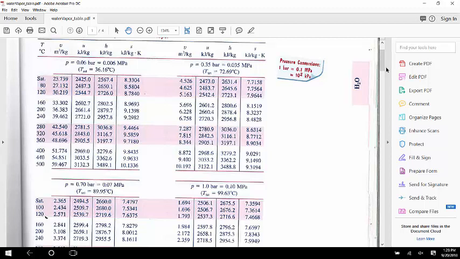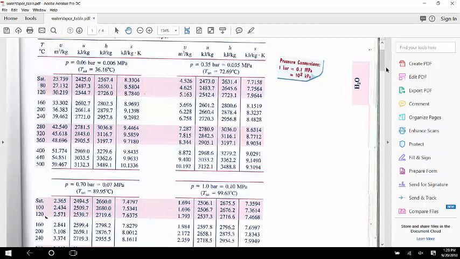Okay, but there's a problem with using the tables, sort of a difficulty. And that is, how likely is it that your pressures are always going to be 0.06 bar or 0.35 bar or 0.7 bar or whatever? We only have finite values here. Or how often is it that your temperatures are just going to be 80, 120, right?